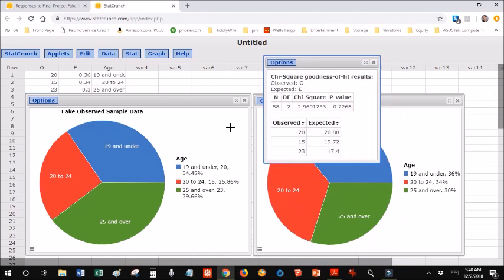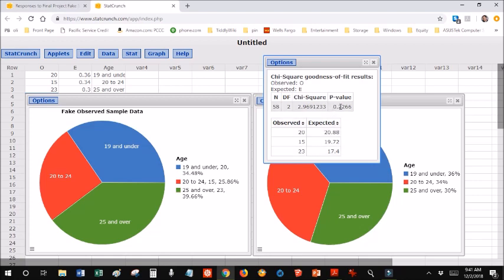If I had separated the 19 and under, the 20 to 24, the 25 to 49, and if I had separated out the 50 and over, the 50 and over expected count would have been less than 5, and my chi-squared goodness of fit would have been invalid. That's why I had to combine the 25 to 49 with the 50 and over, to make this last number here greater than or equal to 5.